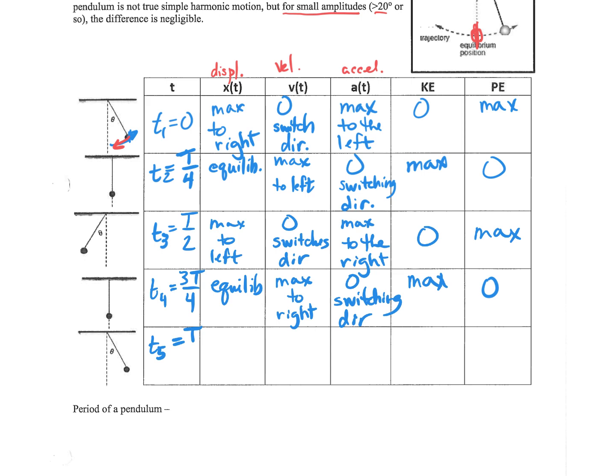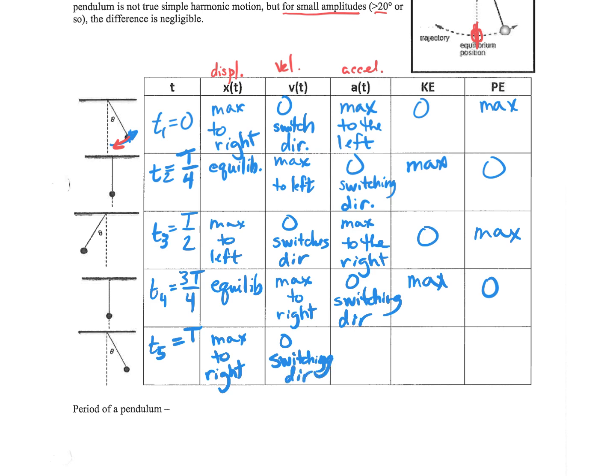Where is it at? Back where it started. Yep, so the position is max to the right. You ought to be able to fill this in. Isn't everything here going to be exactly the same as that first row? Max to the right, the velocity is 0 because it is switching directions, right?